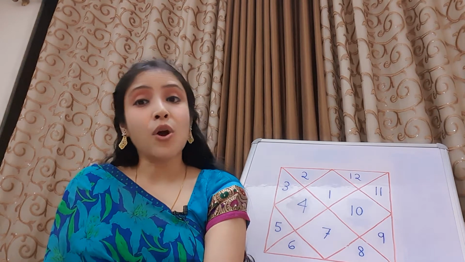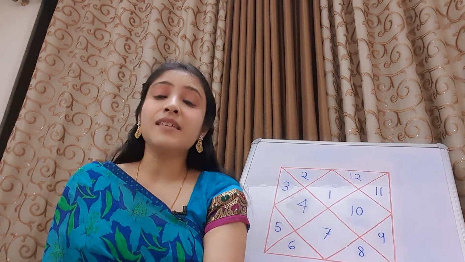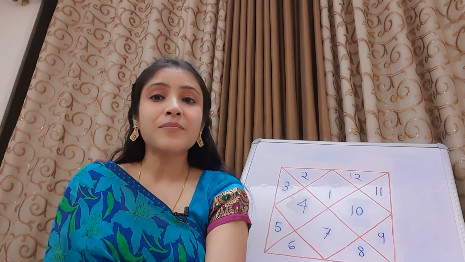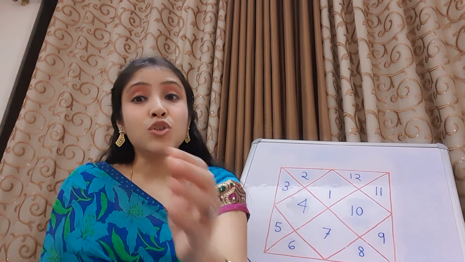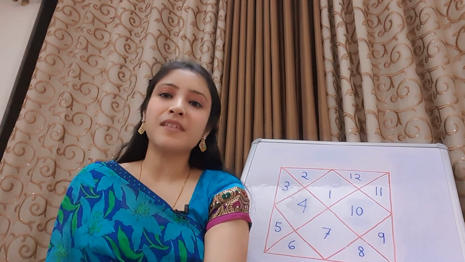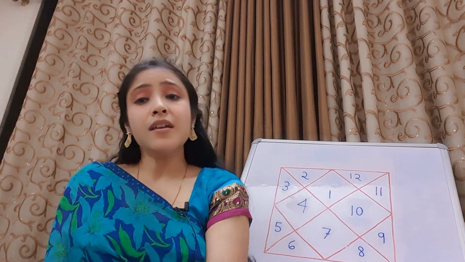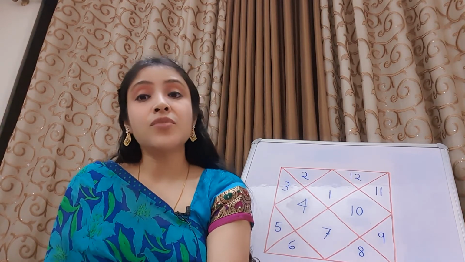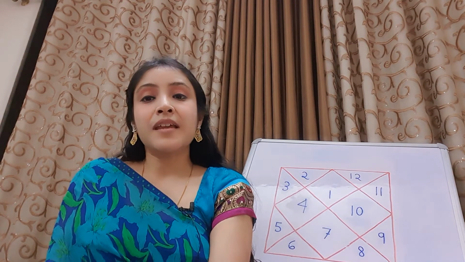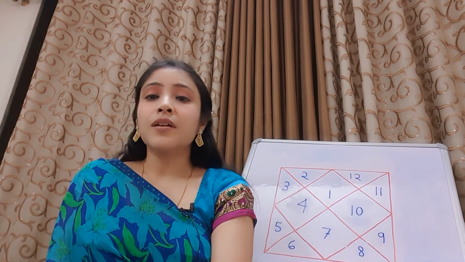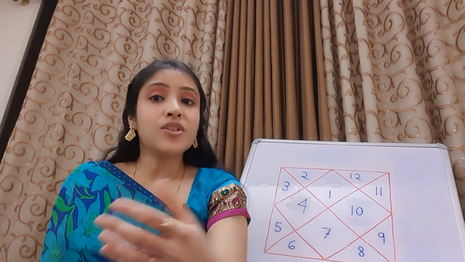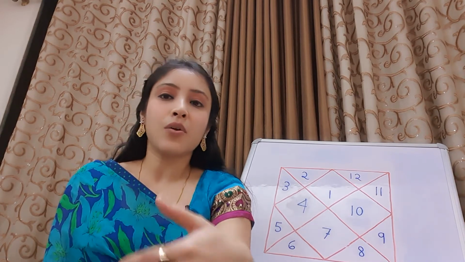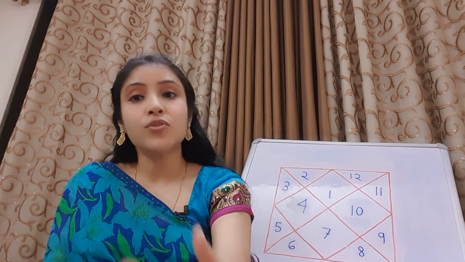So Sun is the lord of the fifth house, and the significator of the fifth house is Jupiter. Fifth house is the house of children, creativity, and your college education, the education which you acquire after you pass out of school.